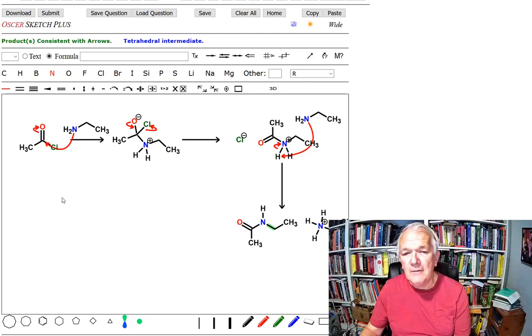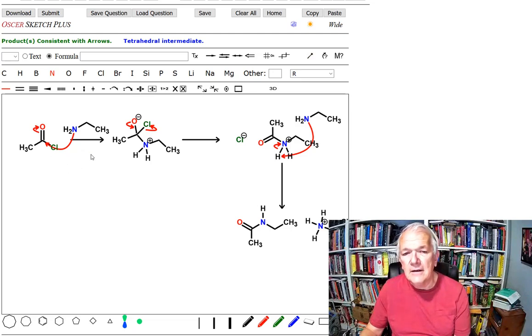Now this sometimes can be a problem if your amine is, let's say, expensive or rare. You wouldn't want to use 2 moles of it because it would be wasteful. So sometimes people will do this reaction. They'll throw some other base in, which is either less nucleophilic than your amine, or can't form an amide.